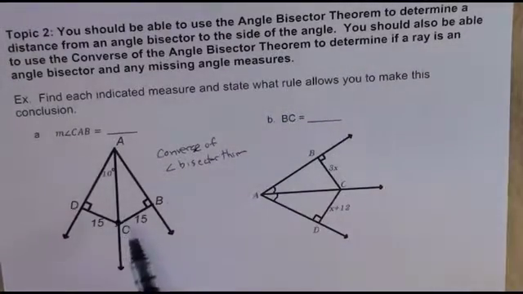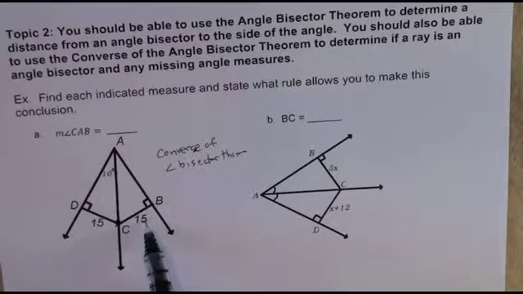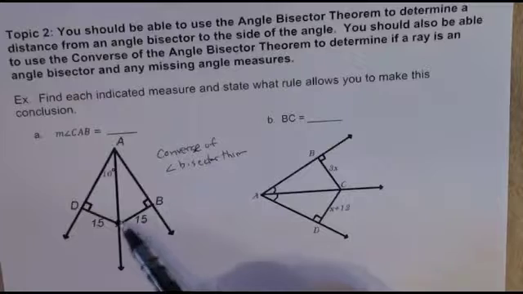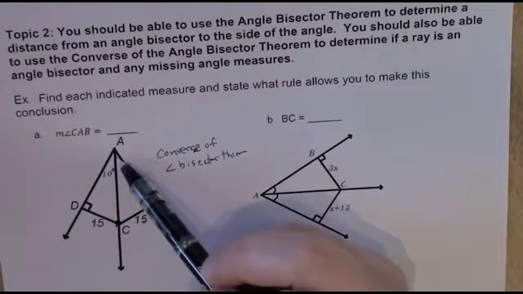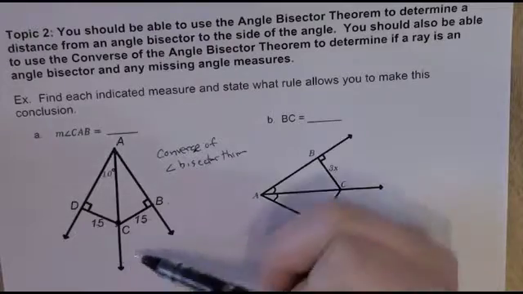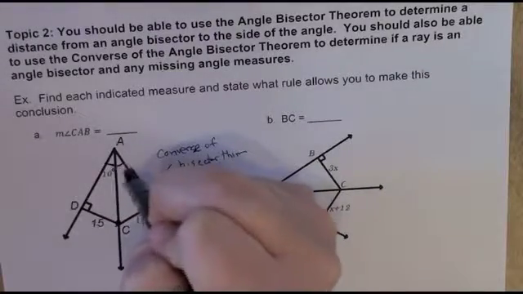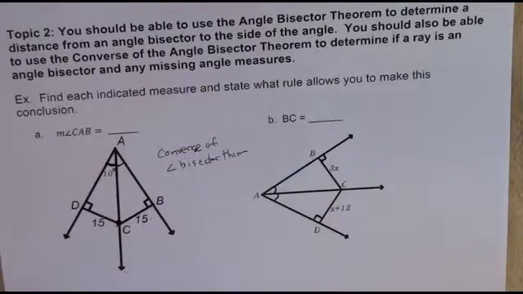The converse of the angle bisector theorem says if a point is equidistant from the two sides, then the point is on the angle bisector. So what this means is that C is on the angle bisector from A to C. But if it's on the angle bisector, that means that these two angles here are congruent.